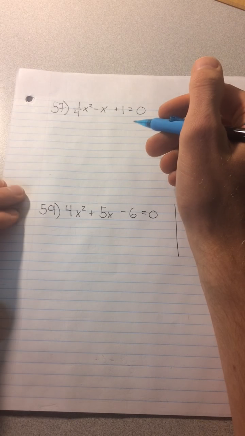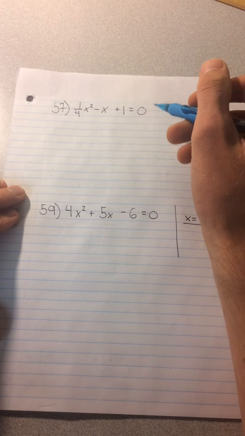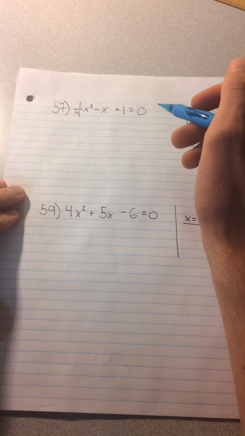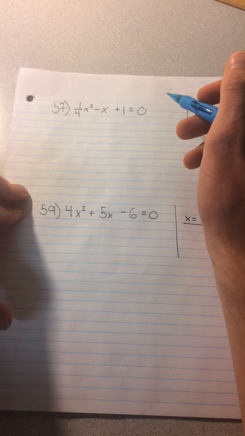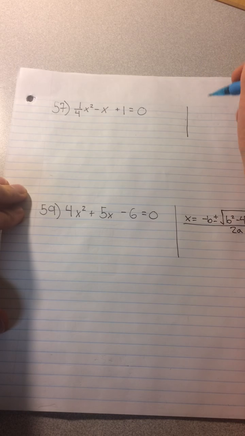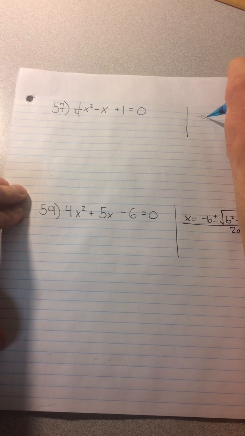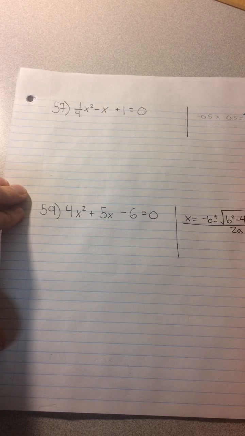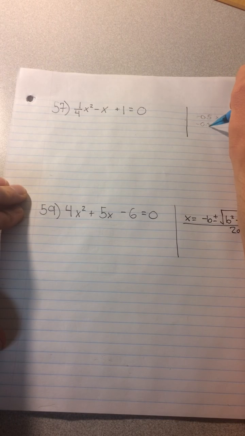For my next question, I have to find two numbers that multiply to 0.25 and add to negative 1. So it would be negative 0.5 times negative 0.5 equals 0.25. And if I add them, negative 0.5 plus negative 0.5 equals negative 1.